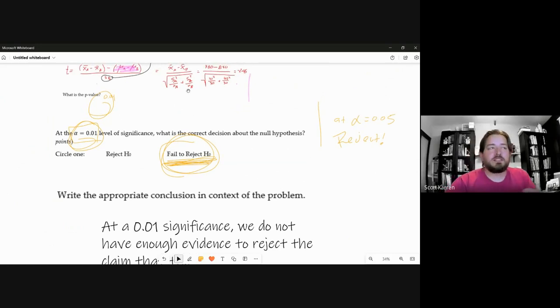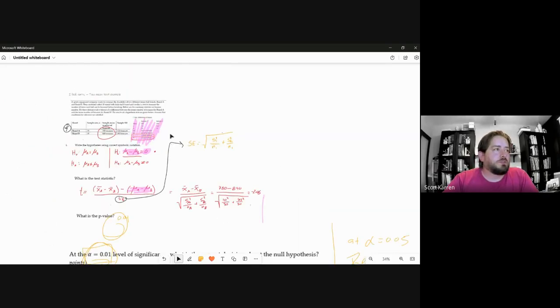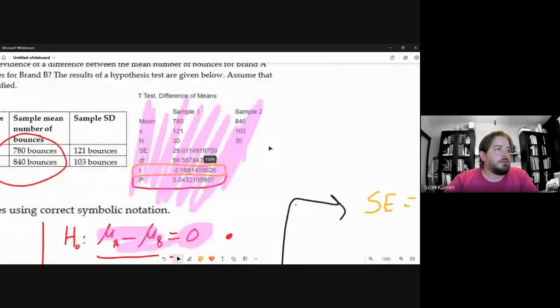But for the test, you don't have to do all of that math. You just need to be able to interpret this output, right? It'll say this output was given by a calculator, and it doesn't matter how you got it, it's right there, right? And so we have it, we just need to interpret it. Bam, that's how we do it.